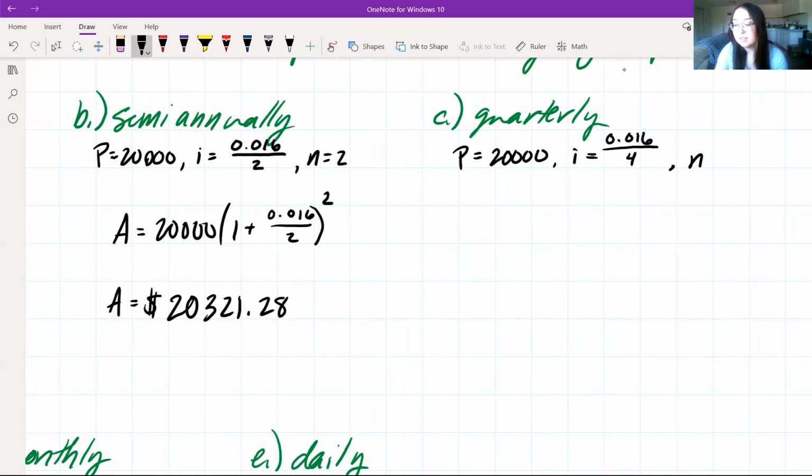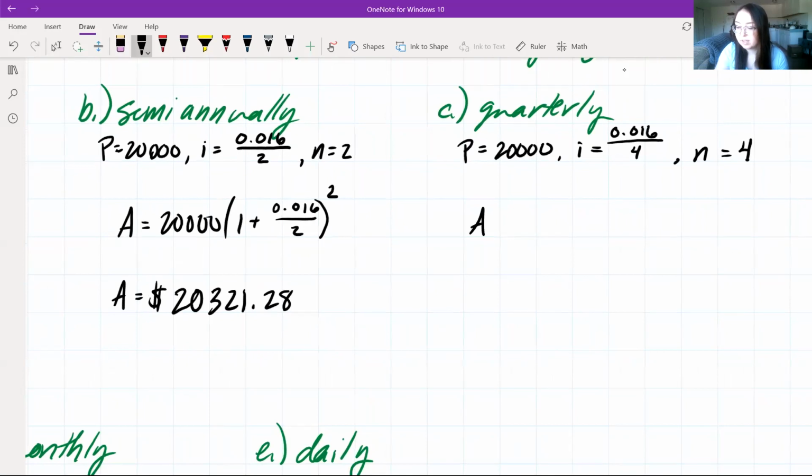And then our n is the number of periods per year, so that's also going to be 4. Once again, we still know our equation, so let's plug everything in. We get A is equal to 20,000 times 1 plus 0.016 divided by 4, to the 4th power.